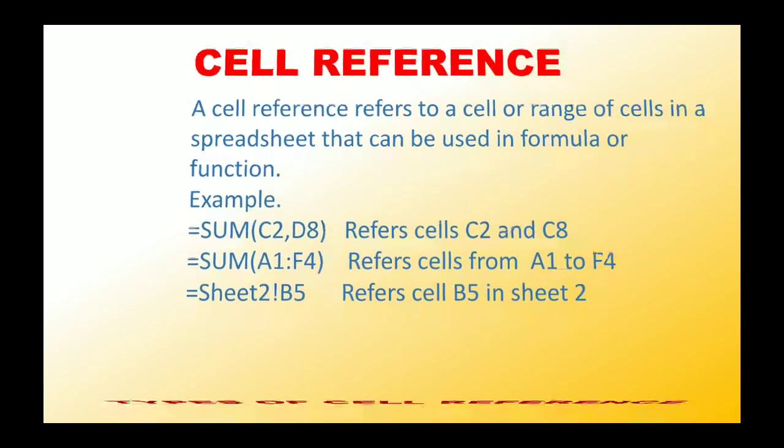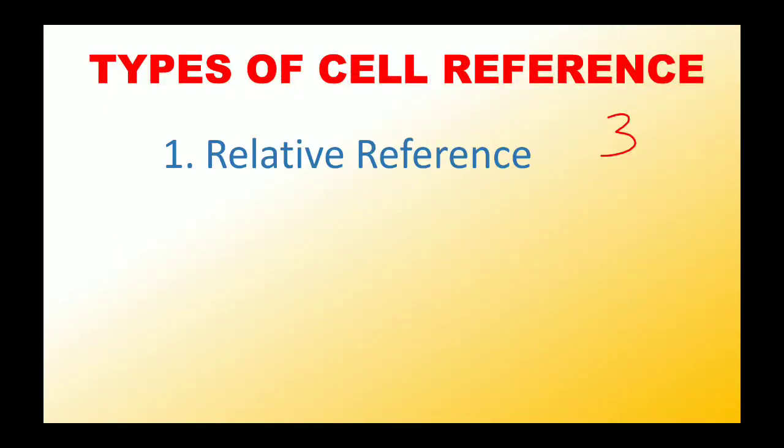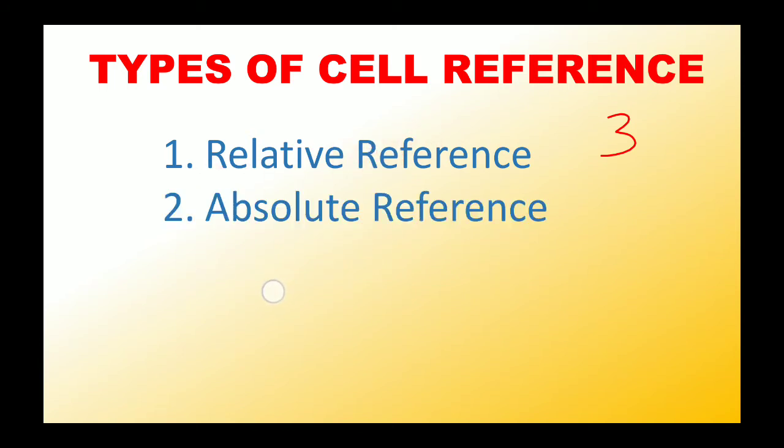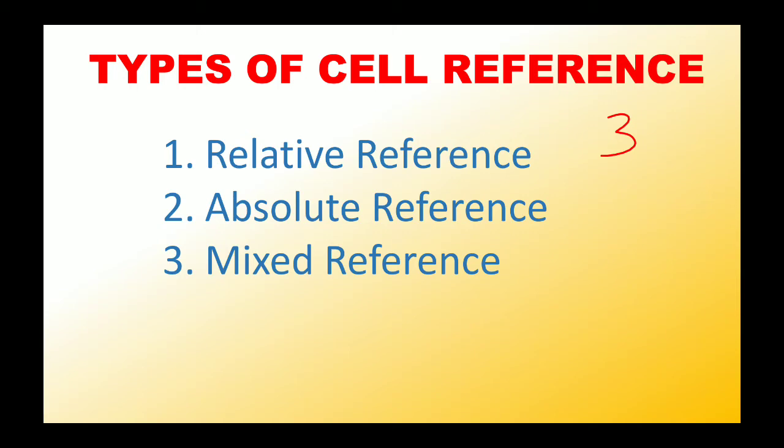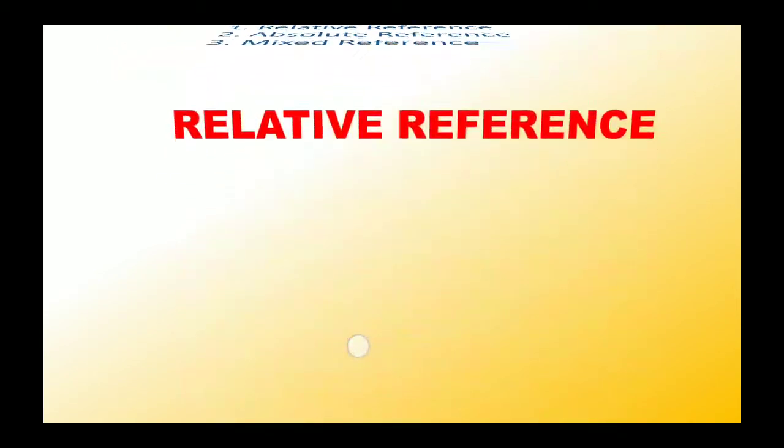Now let's discuss the types of cell references. There are basically three types. The first type is the relative cell reference, the second type is the absolute reference, and the last type is the mixed cell reference.